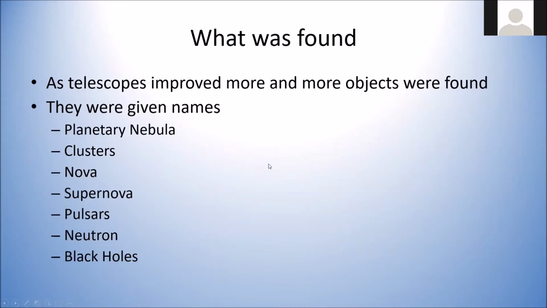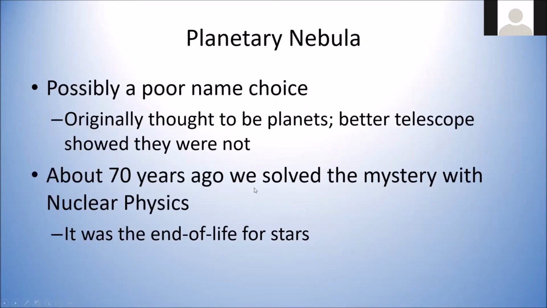So what they found, they found a whole bunch of different objects, and I'm going to list them here. But they were planetary nebulae, clusters, novas, supernovas, pulsars, neutron stars, and black holes. So we're going to go through each one of these quickly.